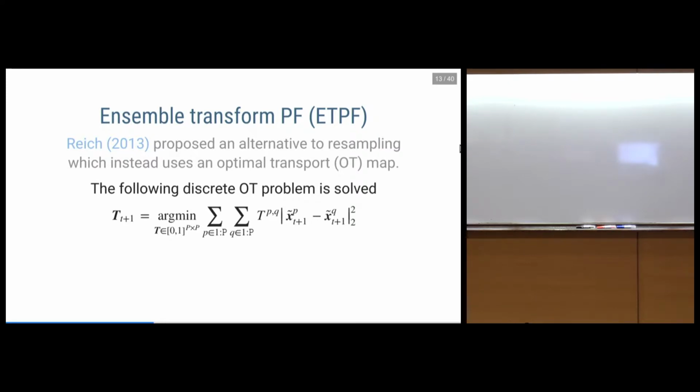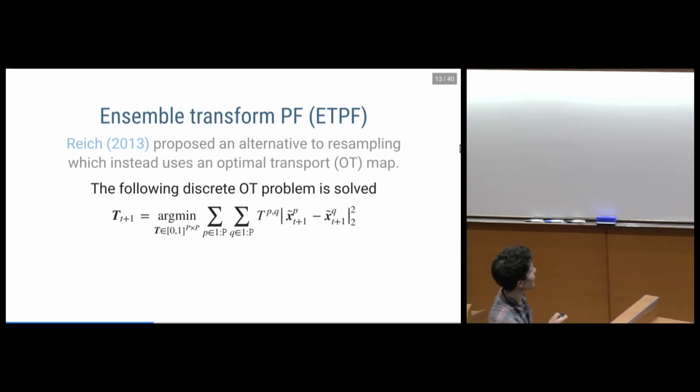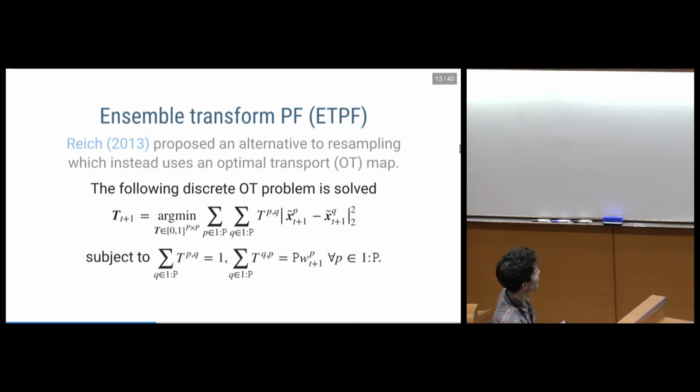if we consider this as defining some joint probability distribution on the indexes before and after the transformation, we want to minimize the expected distance between the particles before and after the update. We need to do that, though.